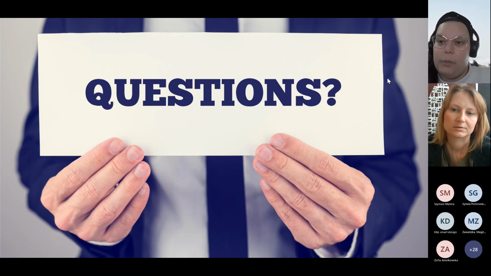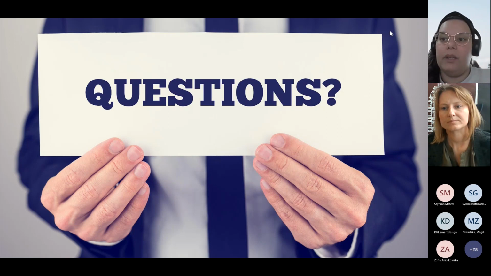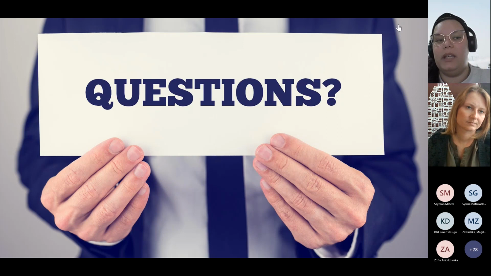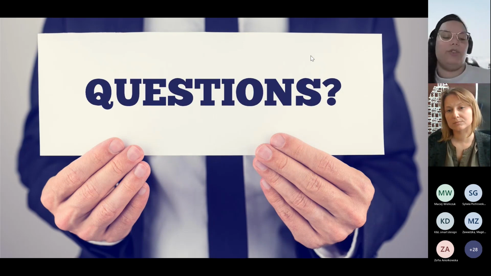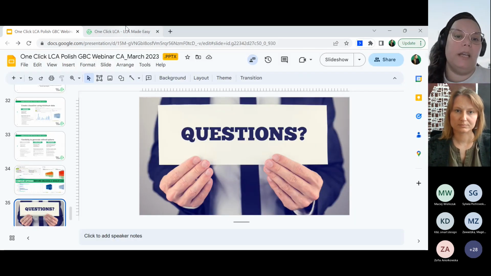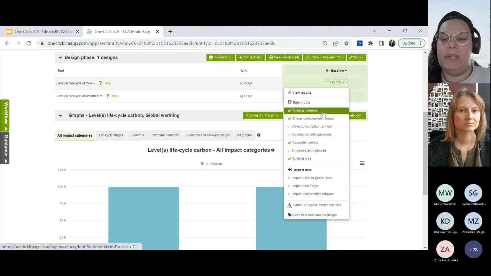Yes, it's possible to do it with our tools. Basically, what you would be doing is, when you would be doing the input of the materials, if you would be reusing a material, maybe I can show you this here, which is easier to see.